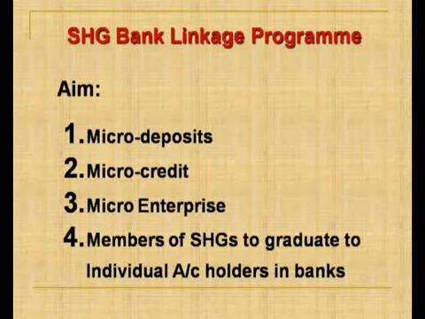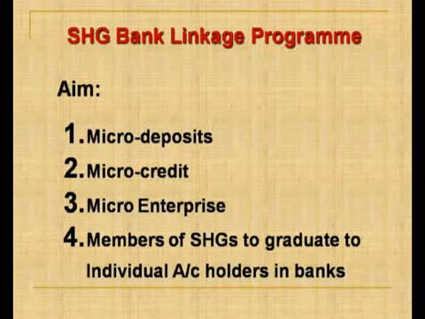Now what is the aim of this SHG or the group approach? Through micro deposit, it will enable the group of poor people to have microcredit. Microcredit, we understand, is a small amount of loan for the purpose of enhancing the standard of living of the poor, and then finally it wants the poor to graduate to micro enterprise so that they have their own unit and a sustained income to raise their living standard.